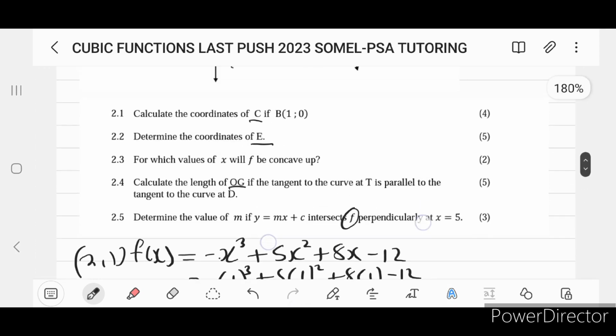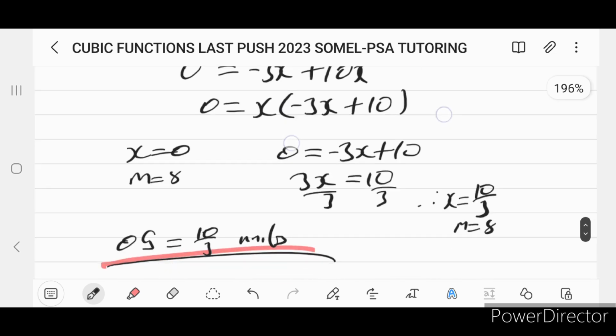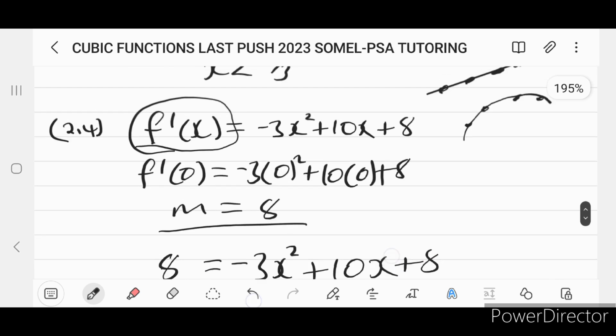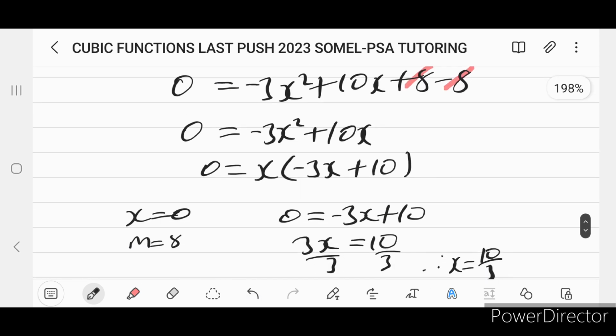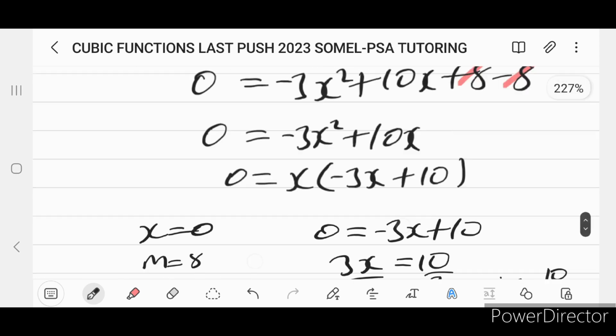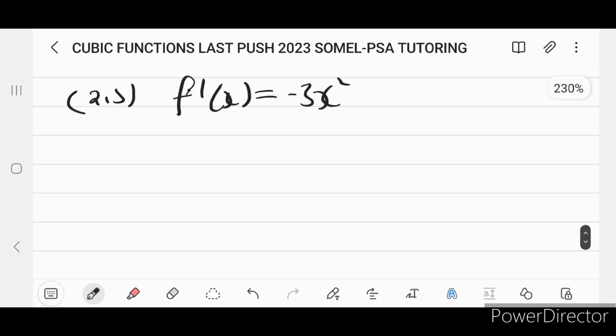What is the formula for the gradient? f of x equals negative 3x squared plus 10x plus 8.